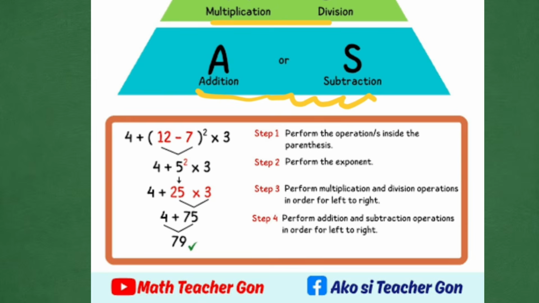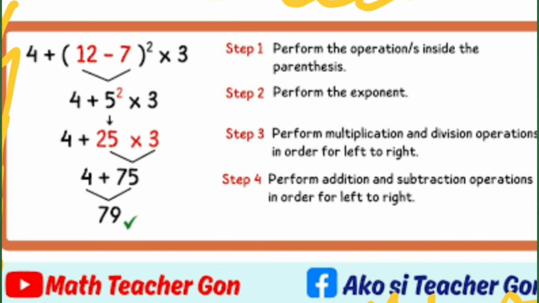So I am going to walk through an example with you. I found this on Facebook, posted by a math teacher. So here we have an equation that includes every element we just discussed. 4 plus, parentheses open, 12 minus 7, parentheses closed, squared, times 3.